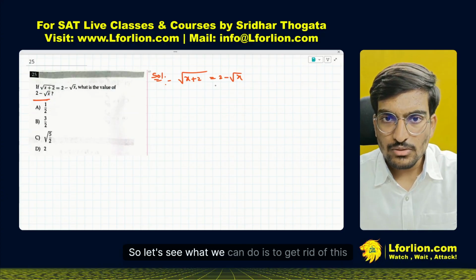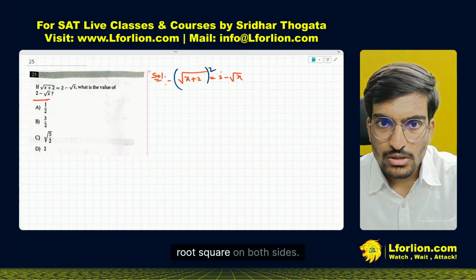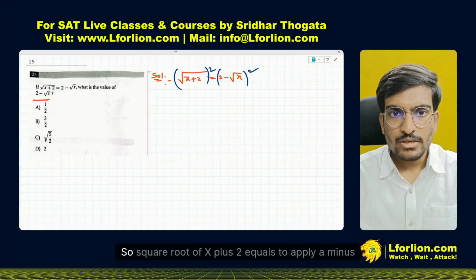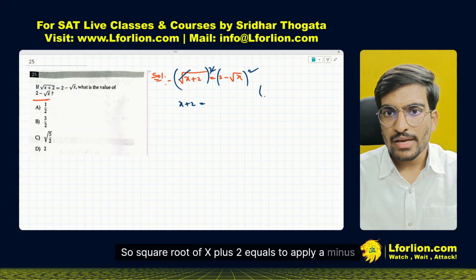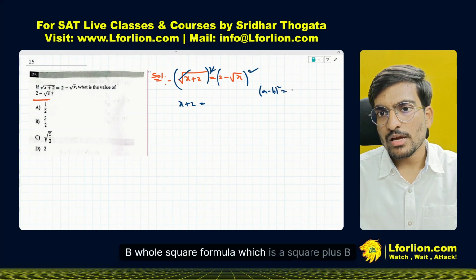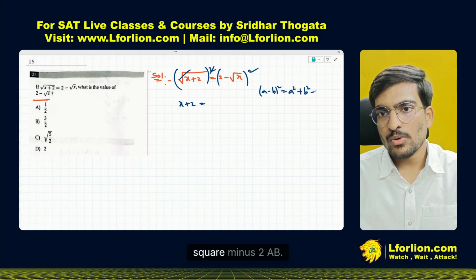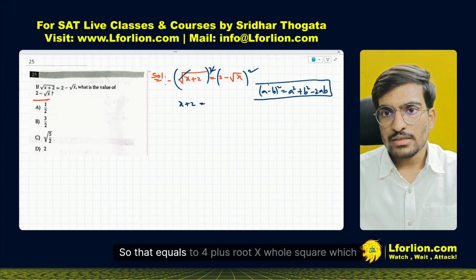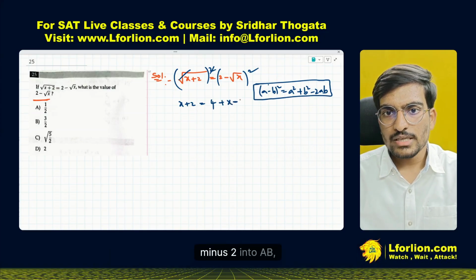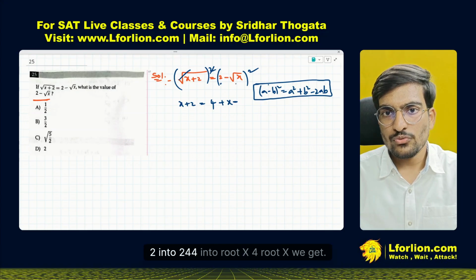So let's get rid of this root by squaring on both sides. Square of root x plus 2 equals, applying the a minus b whole square formula, which is a square plus b square minus 2ab. So that equals 4 plus root x whole square, which is x, minus 2 into a b, 2 into 2, 4 into root x. 4 root x we get.